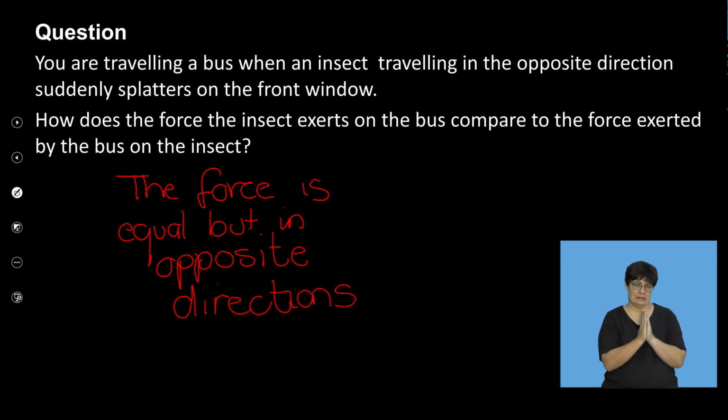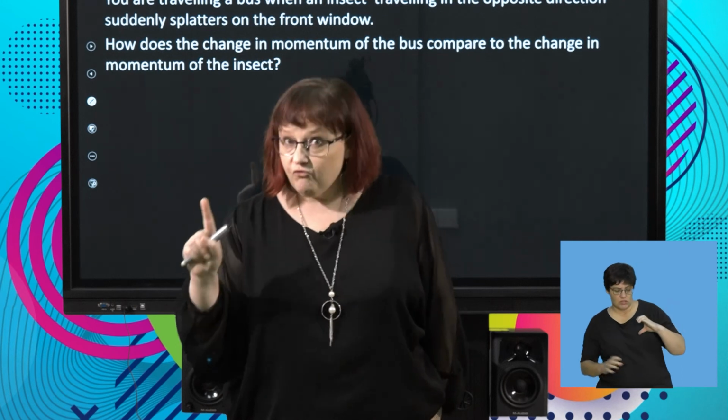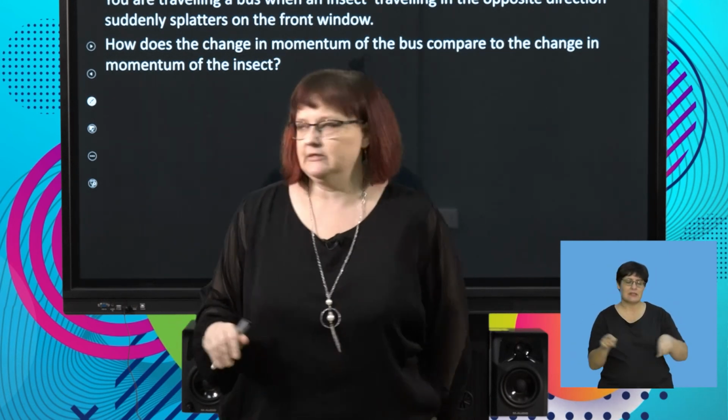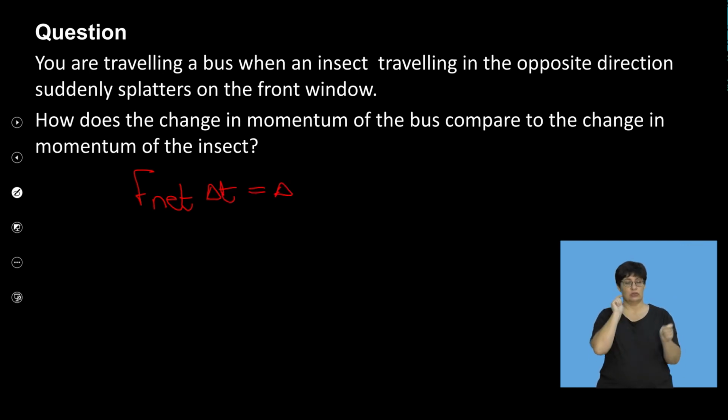Please, guys, this is so important for you to get because they ask this often, and it comes up in lots of types of questions. Then they say, how does the change in momentum compare? If they experience the same force, they must experience the same change in momentum. So remember, impulse is F net delta t equal to change in momentum.